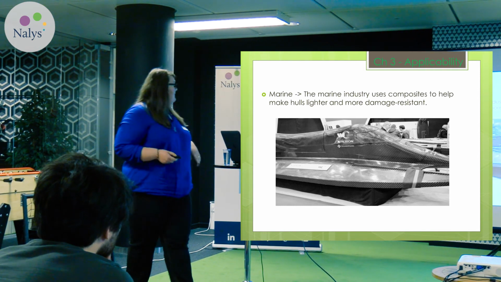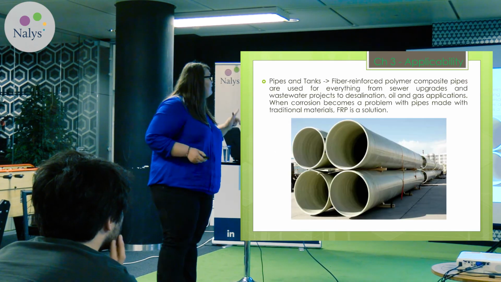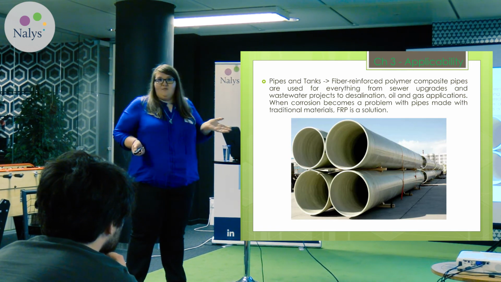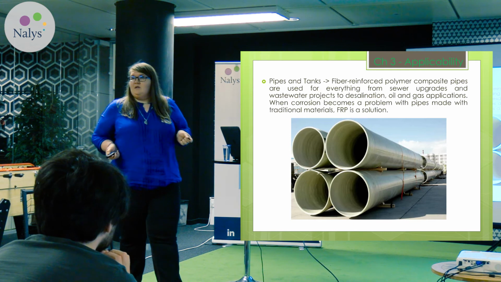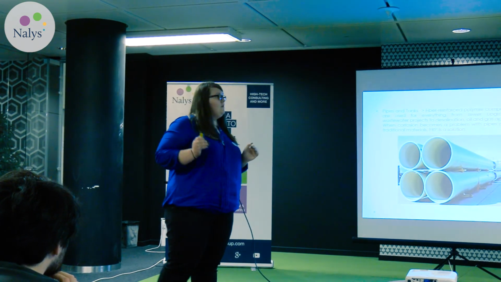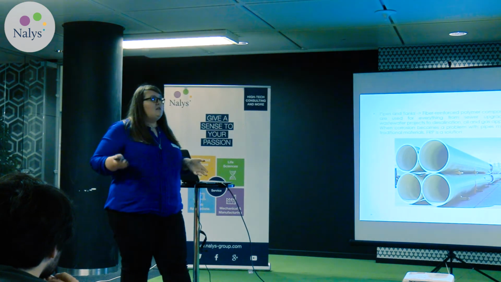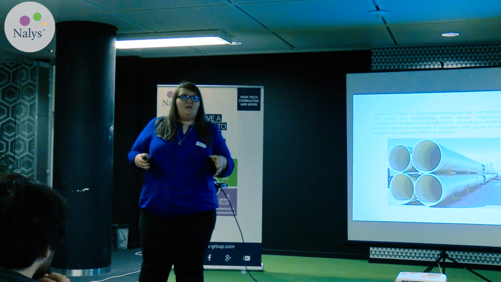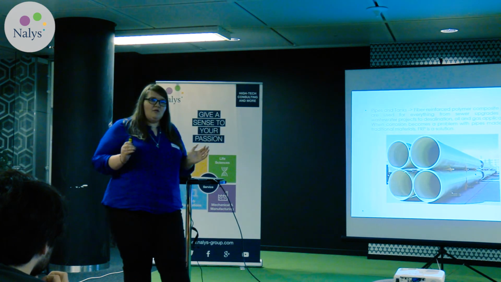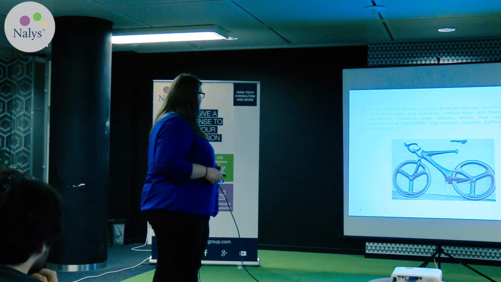For pipes and tanks, that was surprising for me as well, but apparently composites have high strength in heat and so on, so it's okay to use them in pipes and tanks.